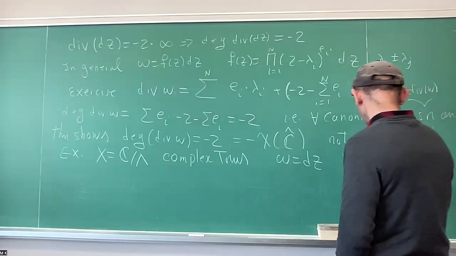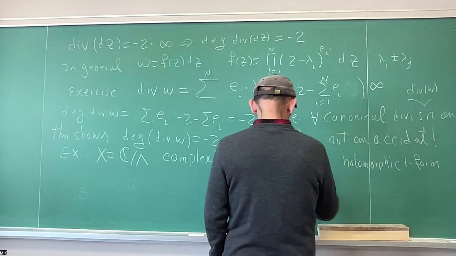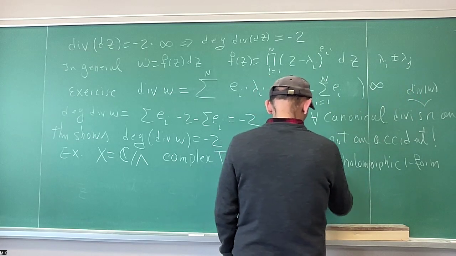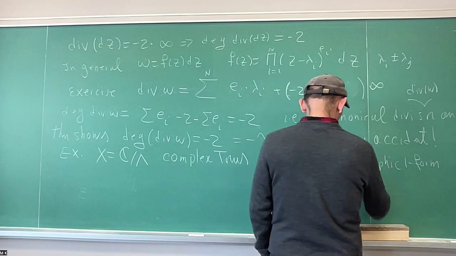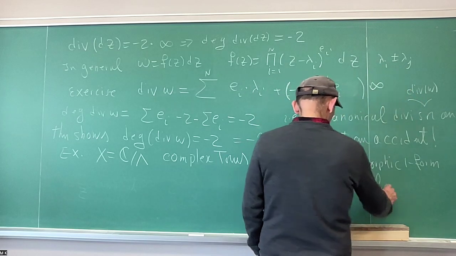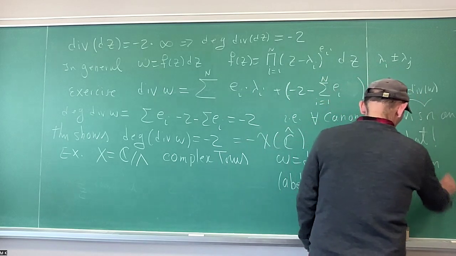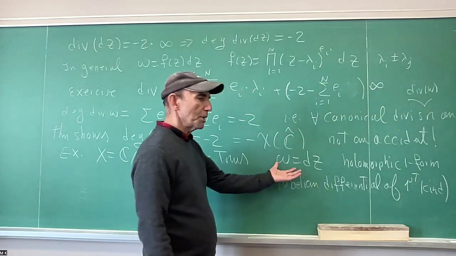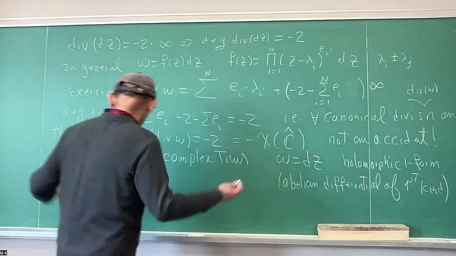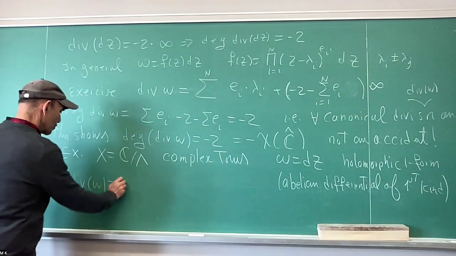So in old terminology, they were called abelian differentials of first kind. This is what we call a holomorphic one form. Okay, so what is the divisor of this guy? It's just zero.